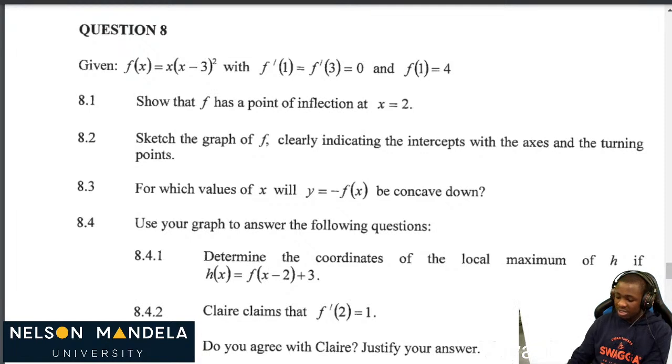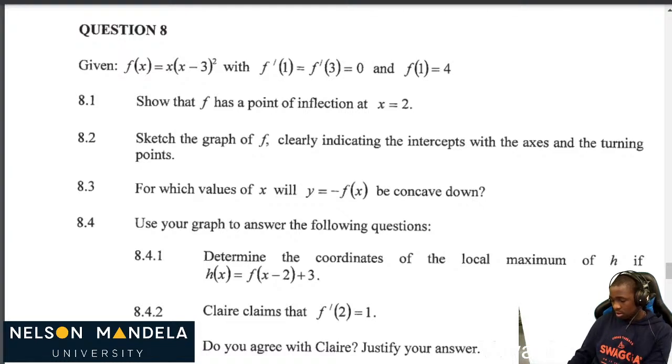Okay, now we just have to write that f is concave up for x greater than 2. When x is greater than 2, you can see that the graph starts to concave up.